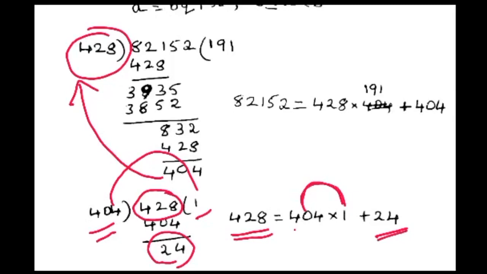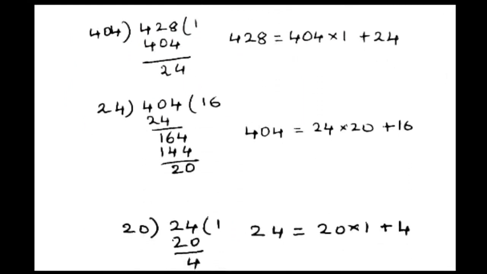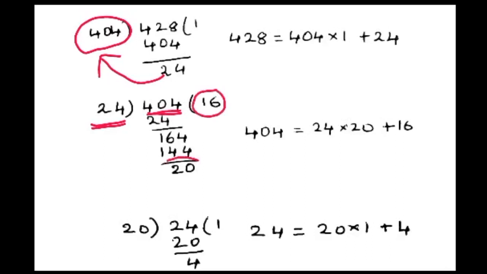Now we have to divide the divisor by the remainder. Now 24 becomes the divisor, 404 becomes the dividend. When 404 is divided by 24, we get quotient 16 and remainder 20.